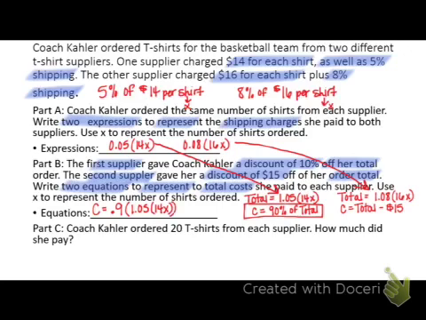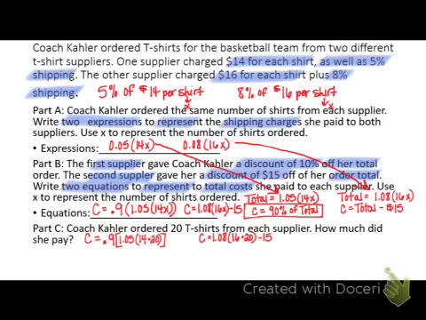So everything builds on one another. And for the second order, the cost will represent the total, which is 1.08 times 16x. And now we get to take that amount and take off $15. So these are two equations that can be used in order to get our total cost for shirts ordered.